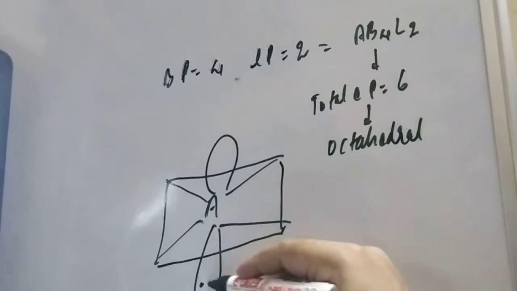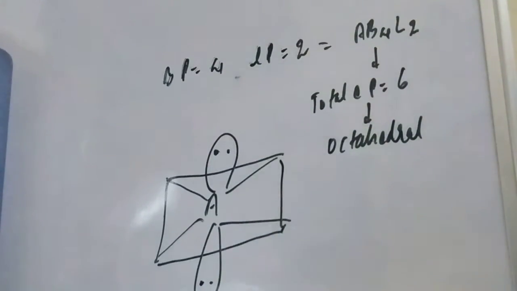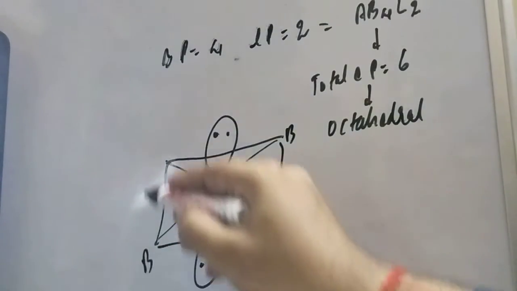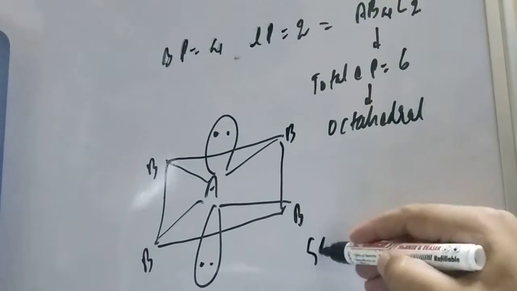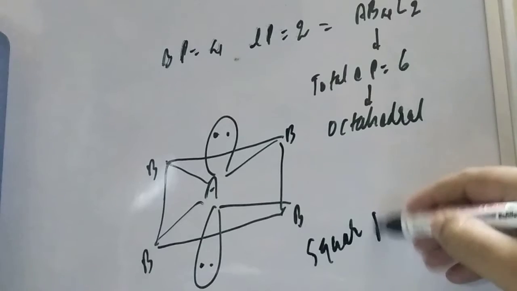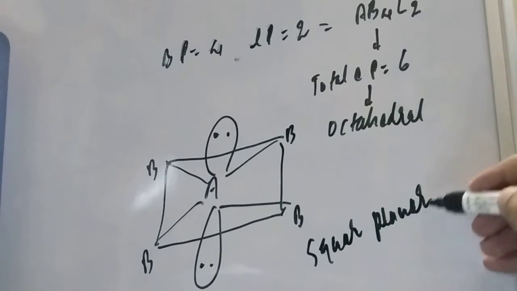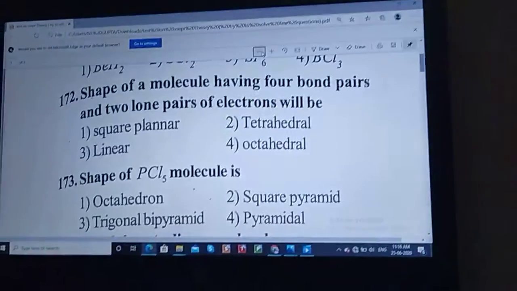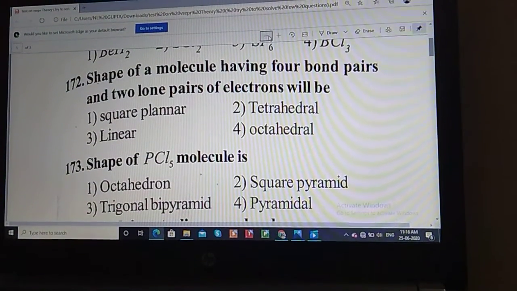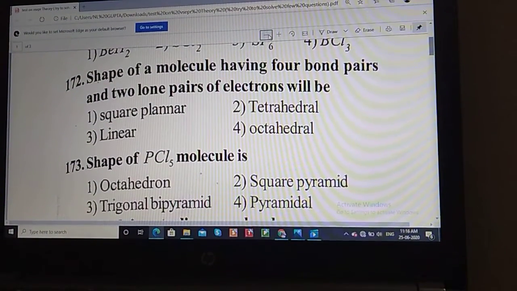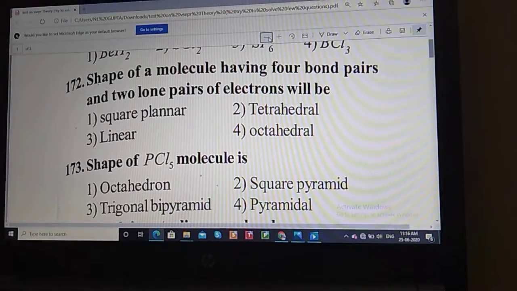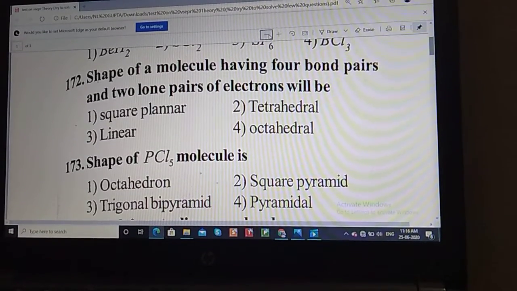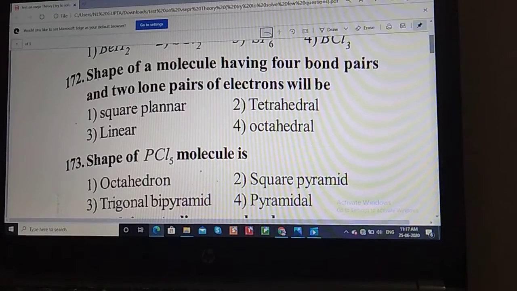So one lone pair is here down and one pair is up. So our correct option will be, student, square planar. So now you check with the options, student, for 172. If you go in the slides, the very first option they have given is square planar. So the correct answer will be square planar. That is option number 1. And the others, tetrahedral and whatever else is given, are all wrong options.